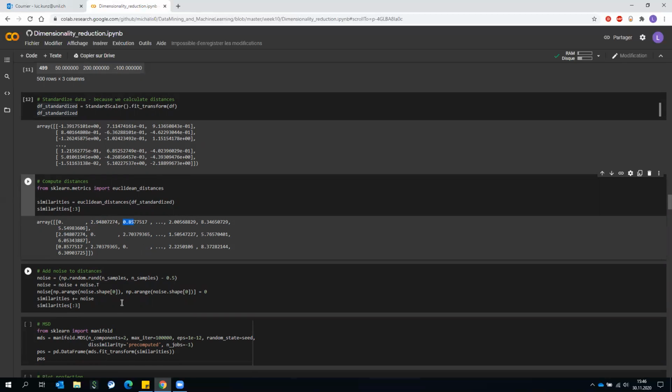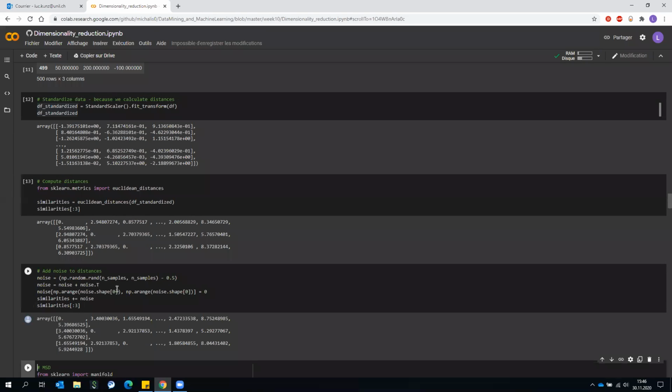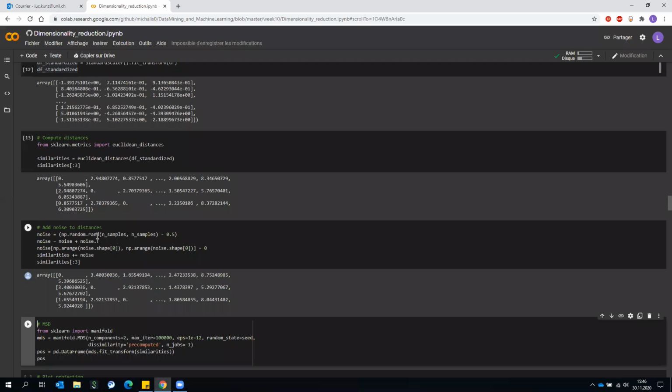I add a bit of noise to those distances, with random noise of size and samples, 500, we had 500. So for instance, 2.94 is now 3.4, so each value has changed a bit.